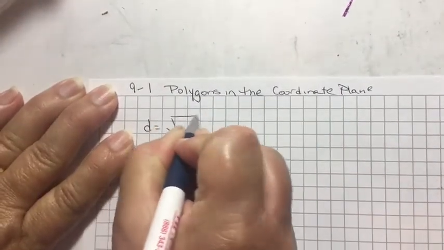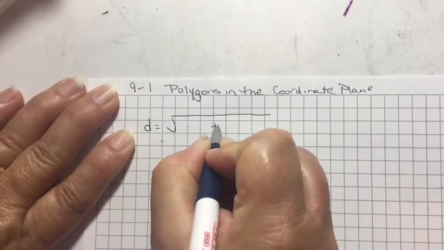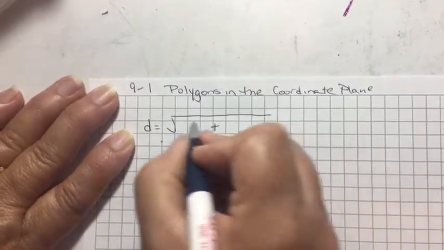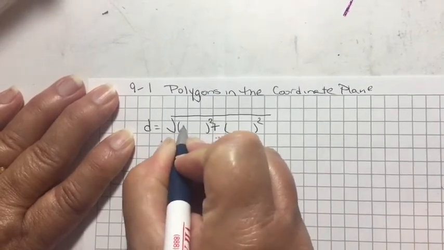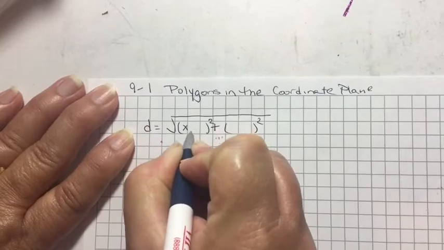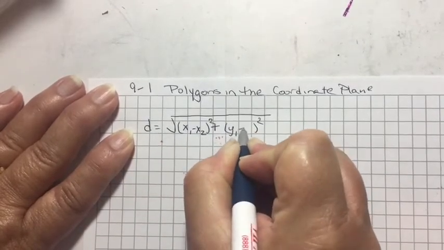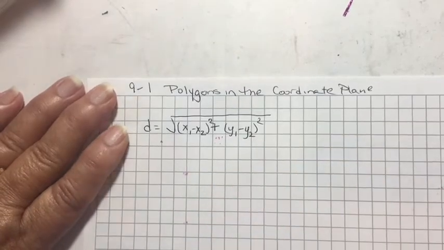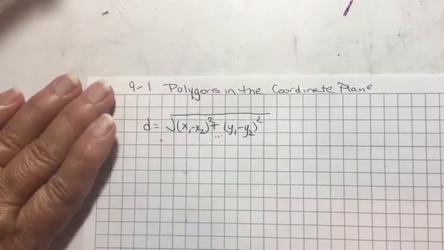Remember, for distance, it's like a squared plus b squared equals c squared. That's kind of how I remember it. And to find each piece, remember you take the x's and subtract them, and you take the y's and subtract them. It doesn't matter which one you do first, since it's squared.